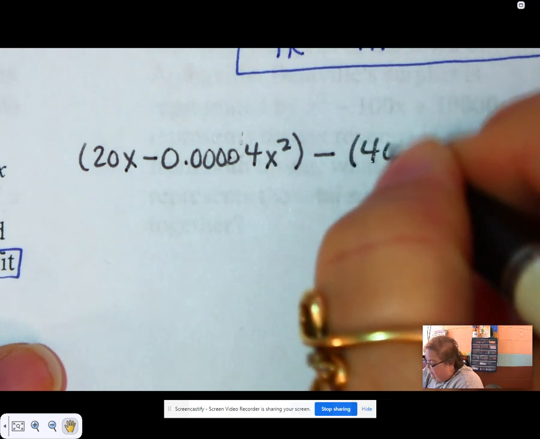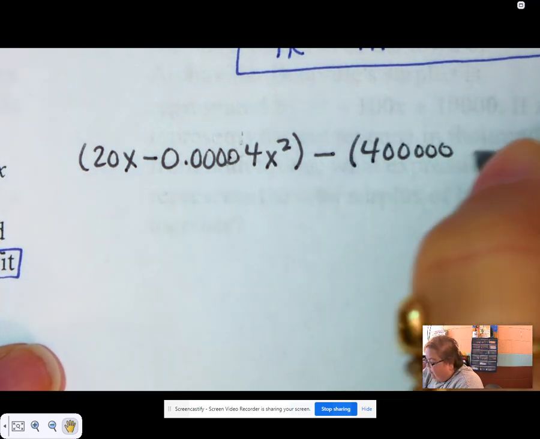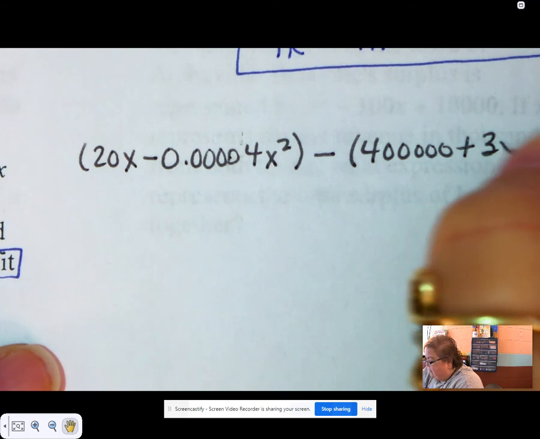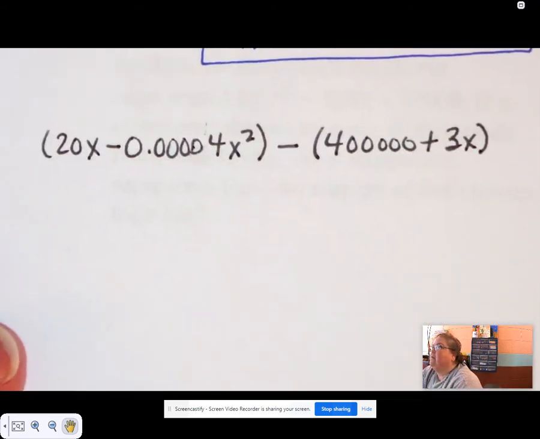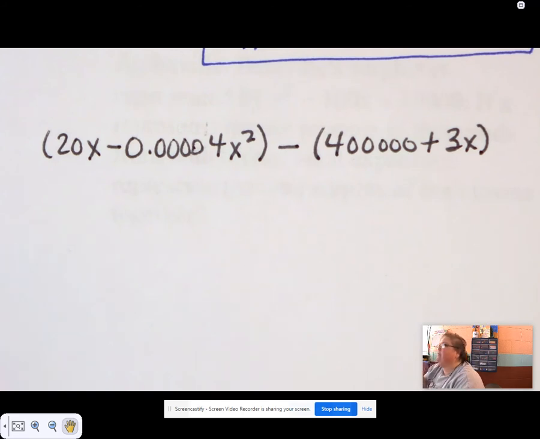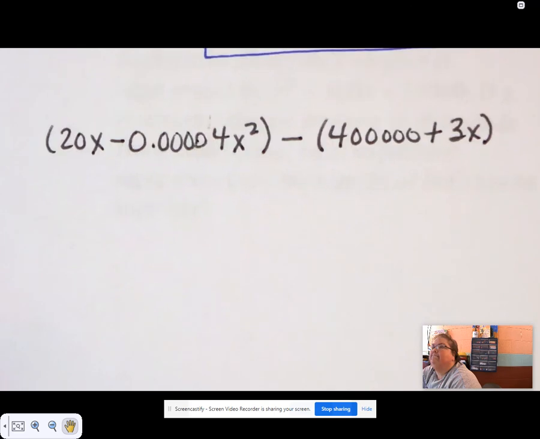And then our other one, 400,000 plus 3x. Yes, revenue is also, yes. Okay, so that's the way it has to be written.